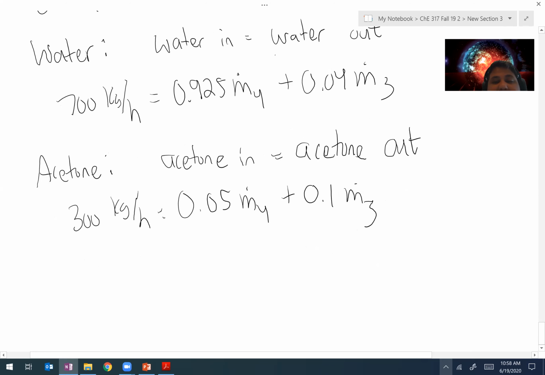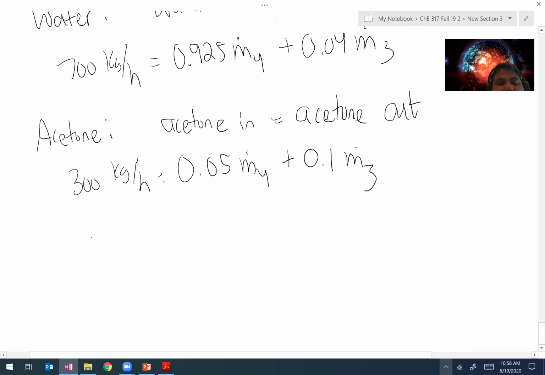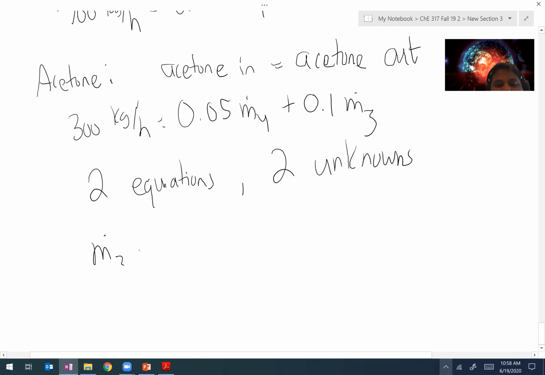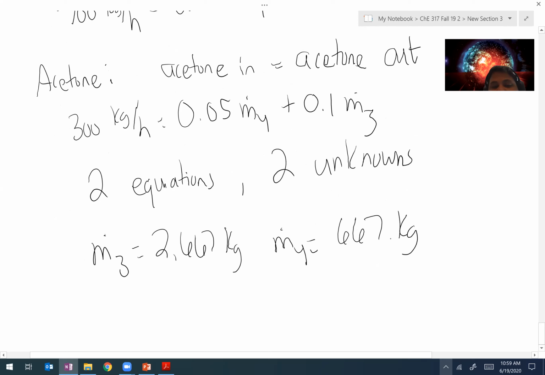And so what I'm left with is two equations, two unknowns. So if I solve for these equations, I can solve for M3 and M4. M3 ends up being about 2,667, M4 somewhere on the order of 667 kilograms.